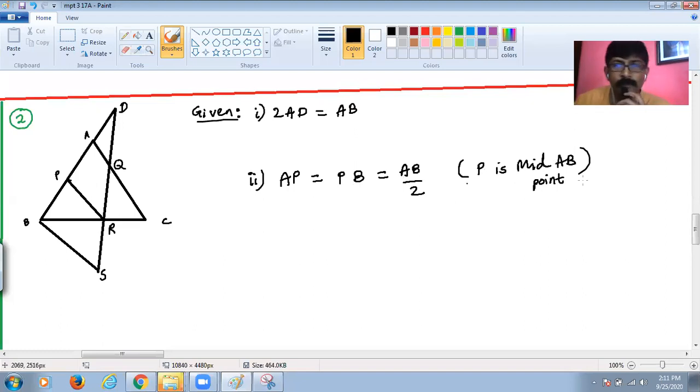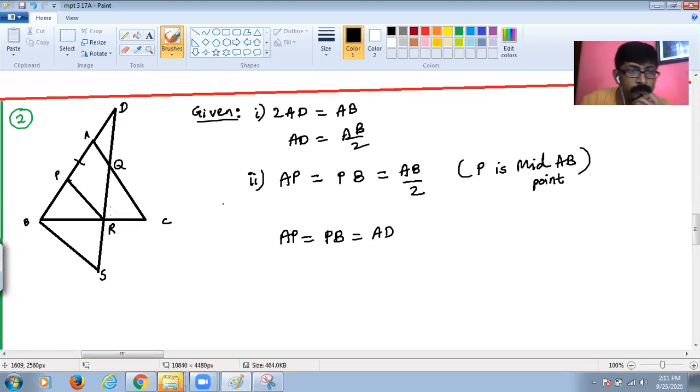Now, if AD is AB upon 2, then from 1 and 2 we can say that AP is equal to PB is equal to AD, isn't it?